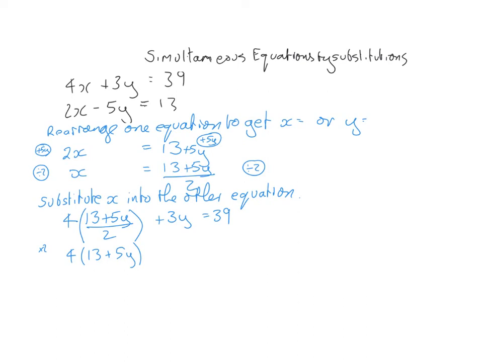If you're timesing it by 2, surely you'd have to times the 13 and the 5y. If you times the top and the bottom of a fraction by 2, have you multiplied the fraction by 2? No. If I've got 5 over 10, and I times the top and the bottom by 2, I get 10 over 20.